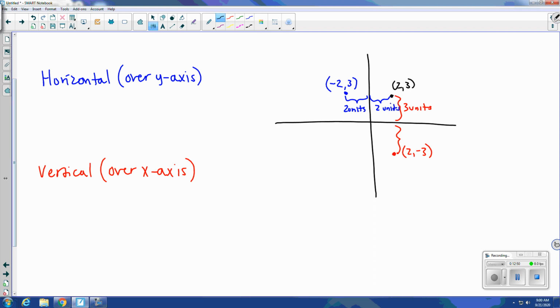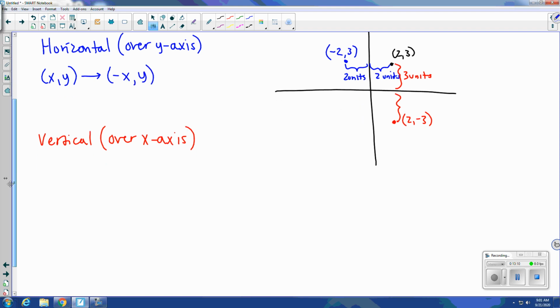Now let's create the abstract rule for each. If I have a general xy coordinate, to reflect it over the y-axis, to perform that horizontal reflection, if you look at the before and after image, we have to multiply the x-coordinate by -1 and leave the y-coordinate unaltered.